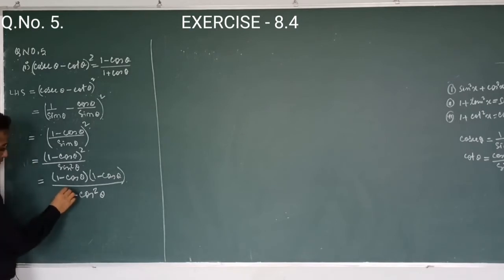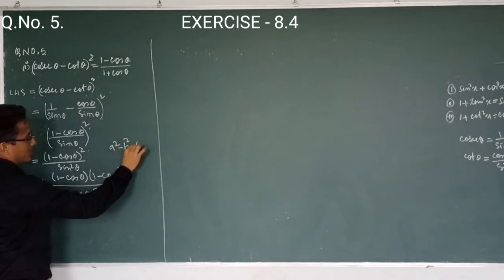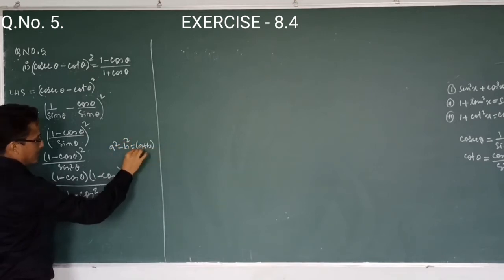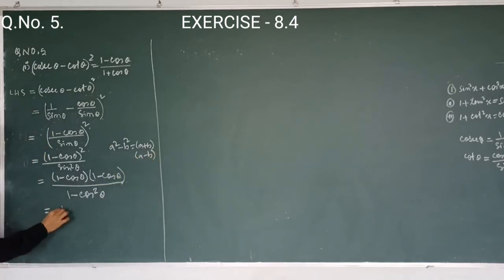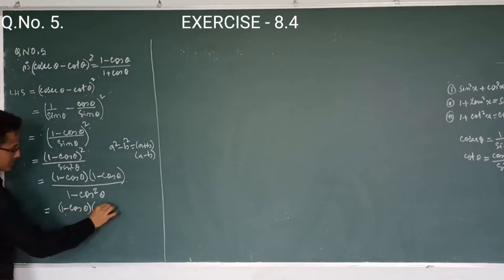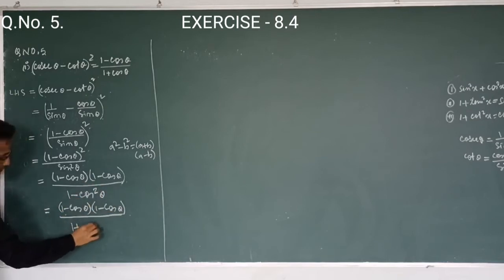Now 1 minus cos square theta is a square minus b square, which is (a plus b)(a minus b). We already know this. So we convert it to (1 plus cos theta)(1 minus cos theta) in the denominator. One factor of 1 minus cos theta cancels, and what remains is (1 minus cos theta) by (1 plus cos theta).